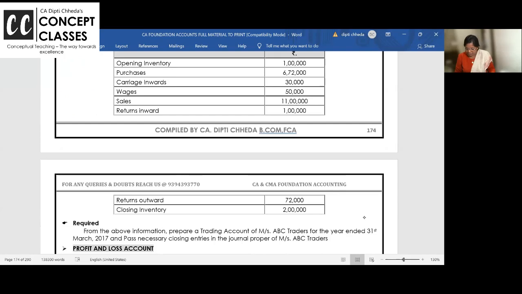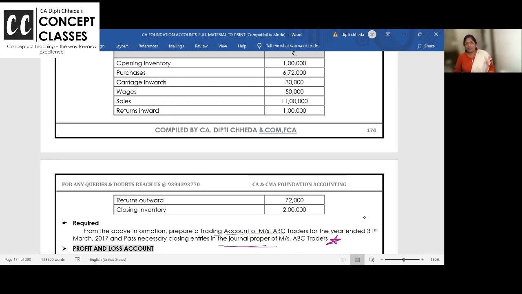From the following information, prepare trading account. That is easy. Now, pass closing entries. I told you that if there is purchase return, you have to close and transfer in the purchase, sales return, all expenses and all you have to transfer to the trading account. So writing these entries for 5 marks is super scoring.